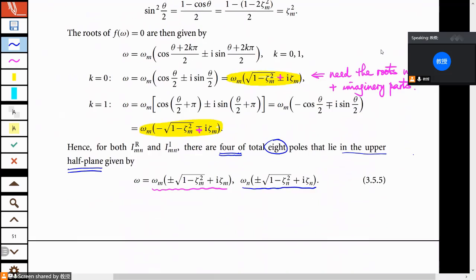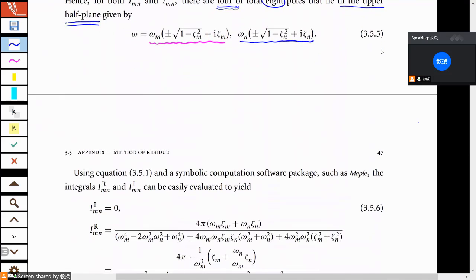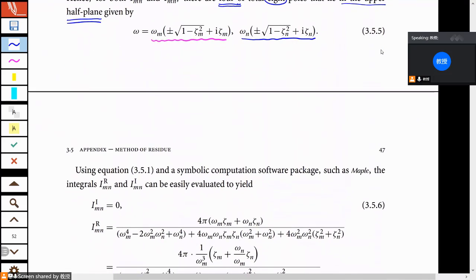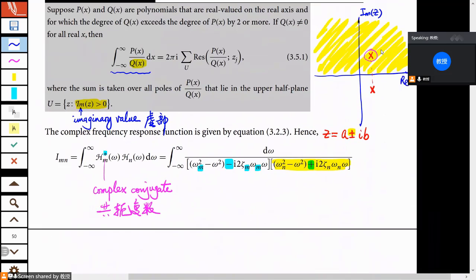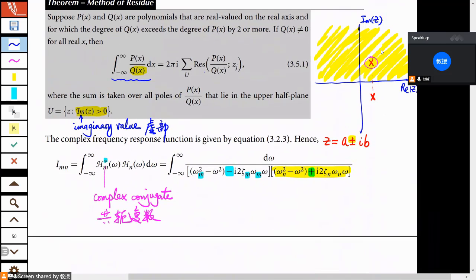Once we have this, we can evaluate the residue at the roots, or in this case, they are called poles.